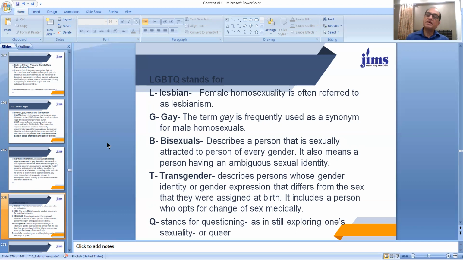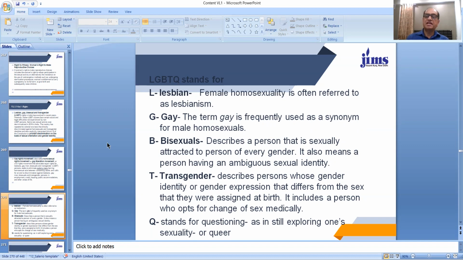Or he was born male and has undergone a medical operation to change the sex, male converting himself into female and female converting herself into male. So this category is known as the transgender category.